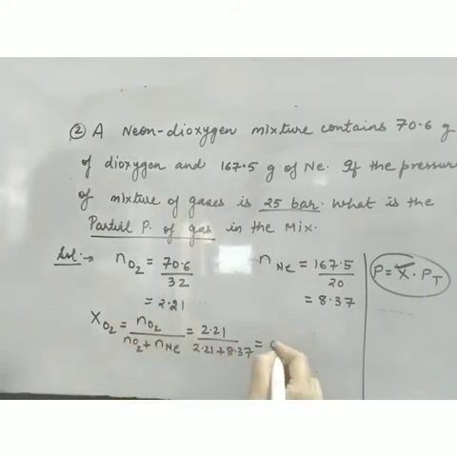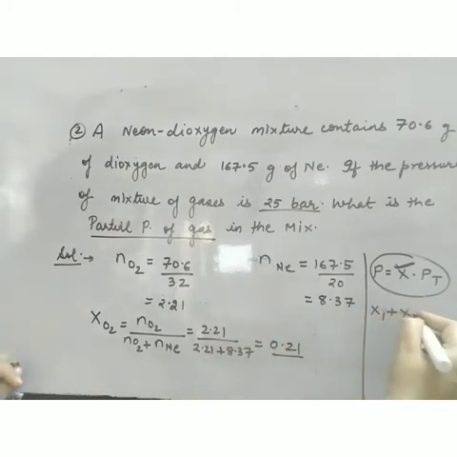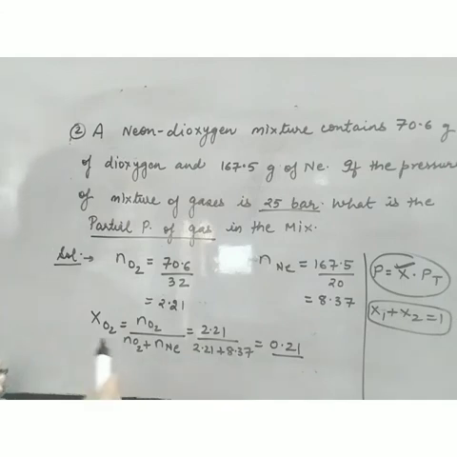If you solve this, it will be 0.21. There is one more formula, that x1 plus x2 is always equal to 1. So if I calculate the mole fraction of one component, the second I can easily calculate. So mole fraction of neon, no need to do this whole thing, is 1 minus 0.21, which is 0.79. So individual mole fractions we have calculated.